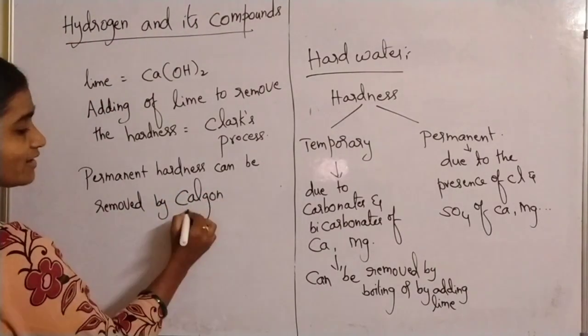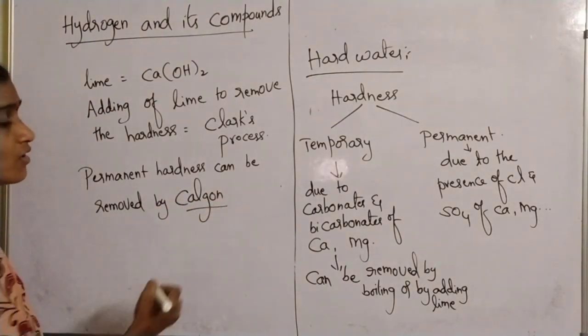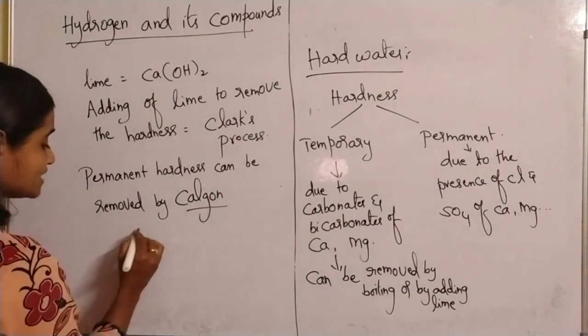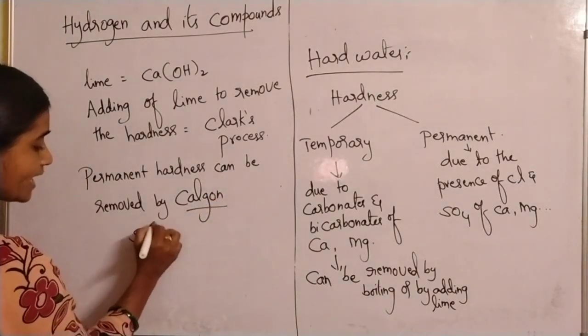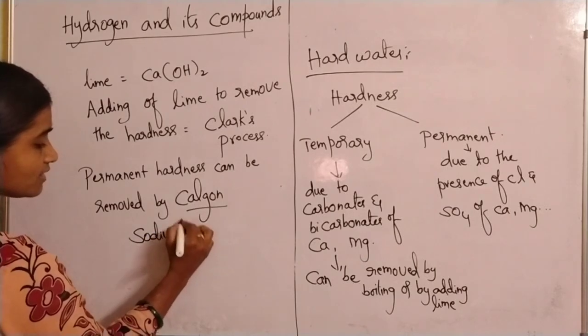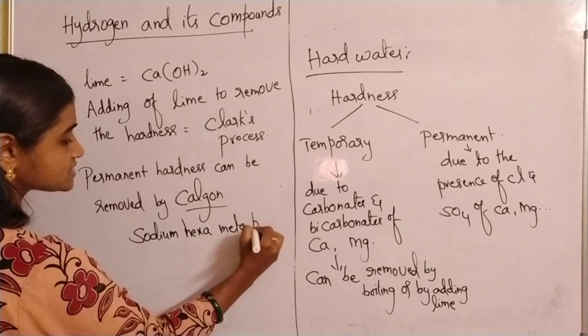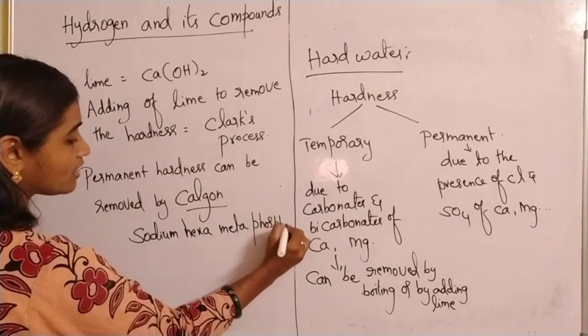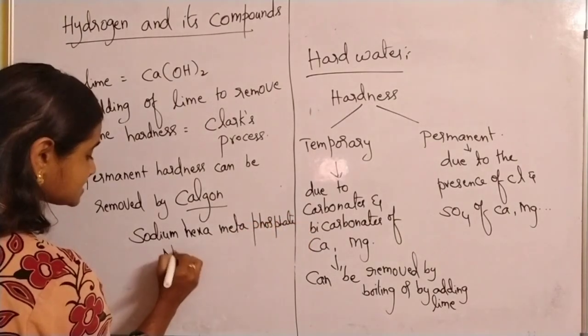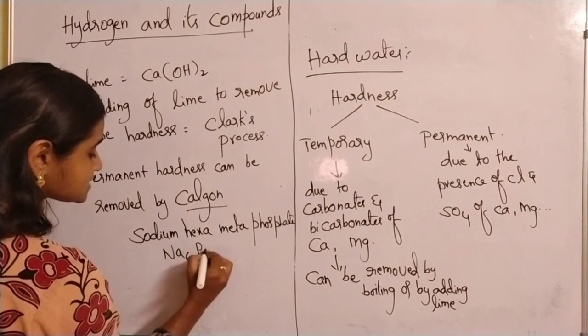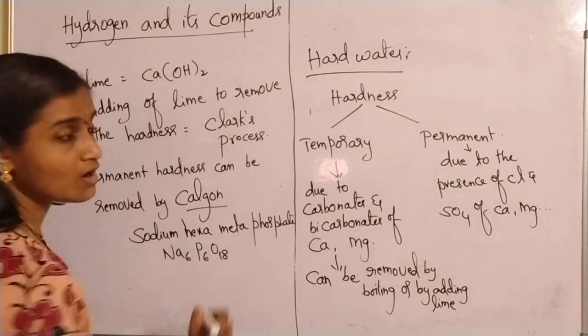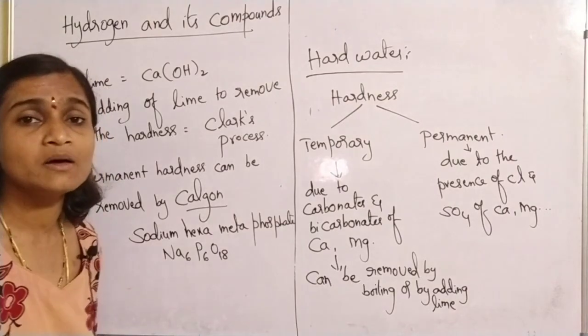Please remember calgon. This calgon is a chemical substance, sodium hexametaphosphate, Na6P6O18.